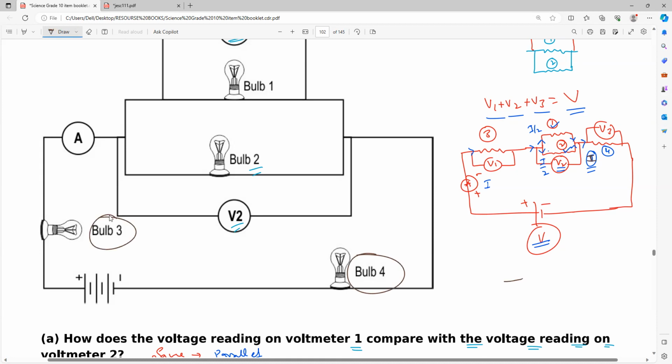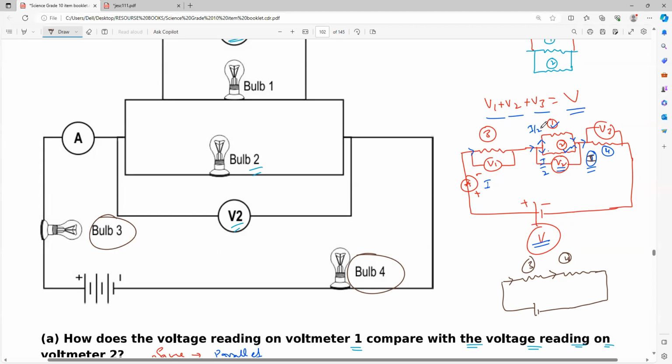Series connection, because we all know in series connection current remains constant. Bulb 3 and bulb 4 are in series connection, so current remains constant. Very, very important this is.